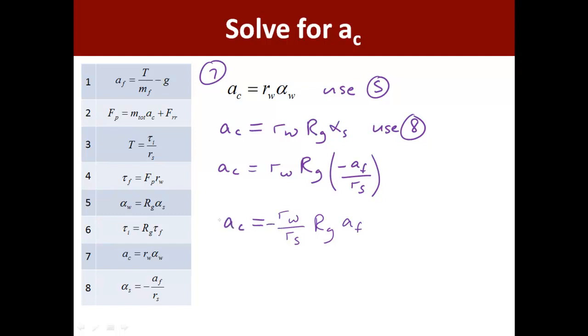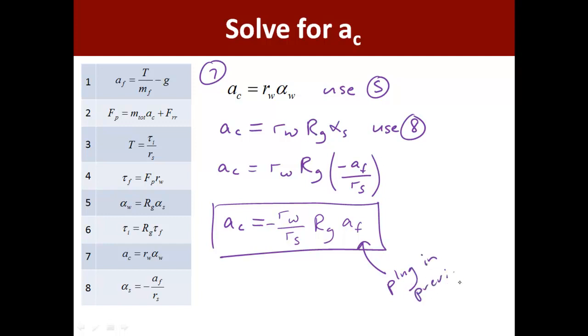So A sub C is equal to this, and for A sub F we can simply plug in our previous equation. And now knowing these two accelerations, AC and AF, we are ready to do the explicit finite difference technique to determine the distance traveled by the car.